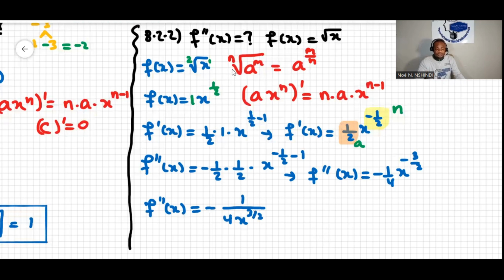Remember, those rules are useful from left to right as well as from right to left. So the second derivative will be equal to negative 1 over 4 times the square root of x to the power of 3. The denominator of the exponent is 2, so it is the square root, with the negative sign there, all under 1. So this is the final answer.